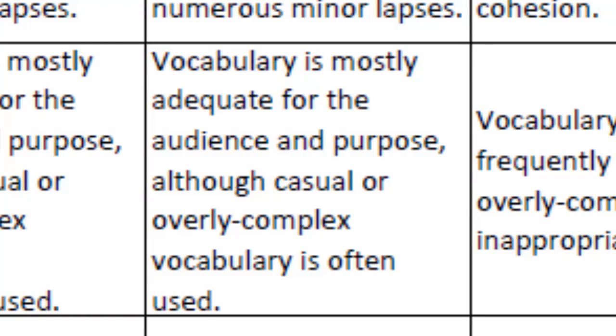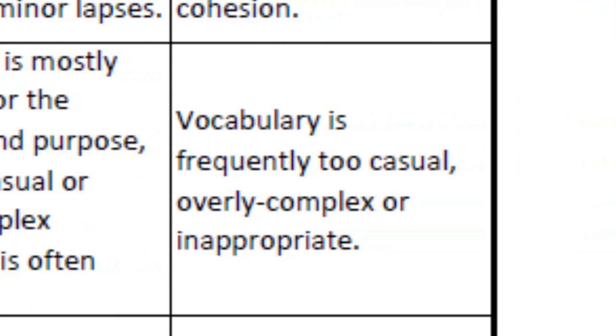A pass means that, basically it's easy enough to read, and the technical terms or the vocab used is about right, but there might be some places where it's overly casual or overly complex throughout the document. And a fail means that it's frequently too casual, overly complex, or inappropriate, and that kind of detracts from the readability of the text.